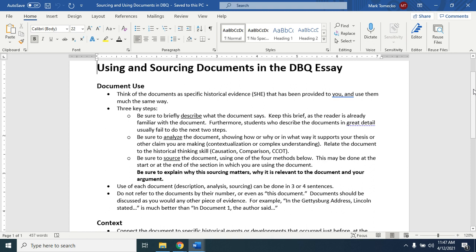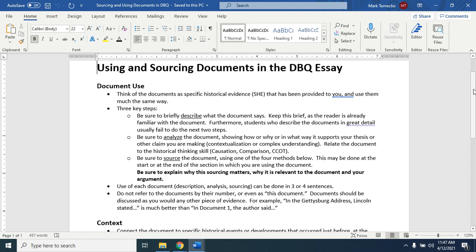Contextualization, I don't want to make that a rule, but you really shouldn't have the documents in your contextualization, because remember, contextualization is something that happened before or something that follows or something seemingly unrelated to the essay, but nonetheless important to understand it. So if you're using the documents in contextualization, you're probably not contextualizing.